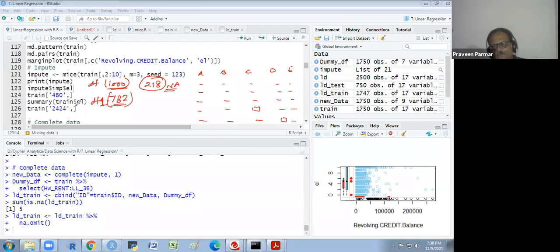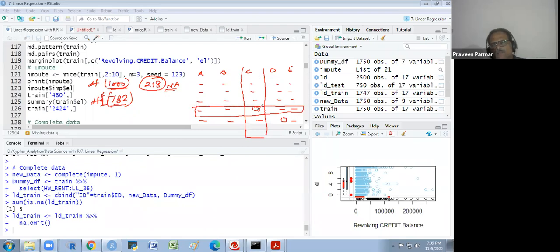First I remove it. I will give a new data name. And I will fix this column if there are a few missing values I want to fill. Here I have removed these observations which were having the missing values. I removed them.